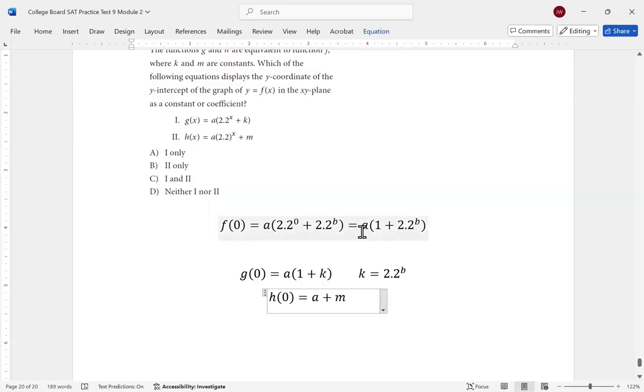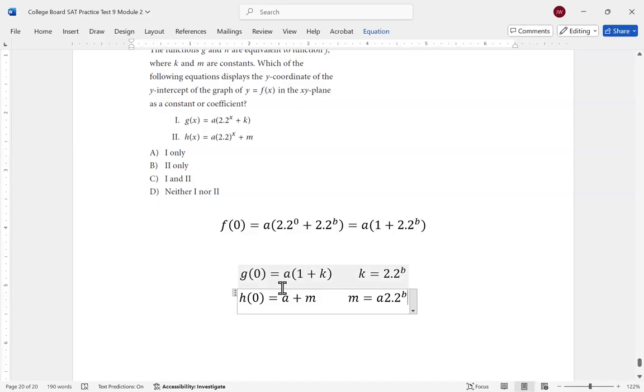In this case, if I distribute, A times 1 is A, times 2.2 to the B is A times 2.2 to the B. So M would have had to have been A times 2.2 raised to the B power, which is also not the Y coordinate of the Y intercept. So K is not the Y coordinate of the Y intercept. M is not the Y coordinate of the Y intercept.